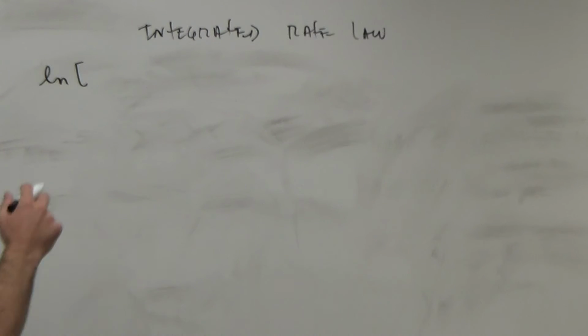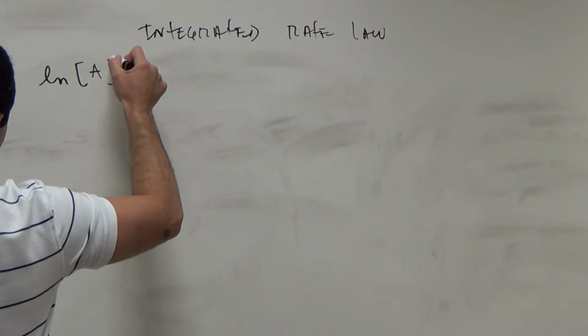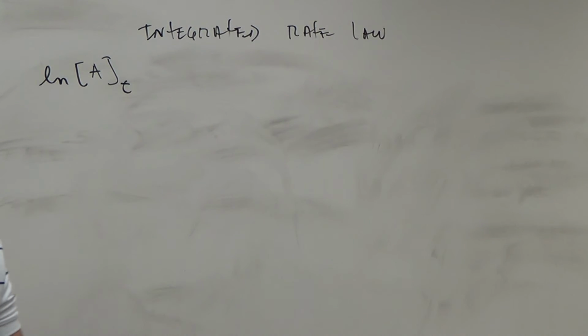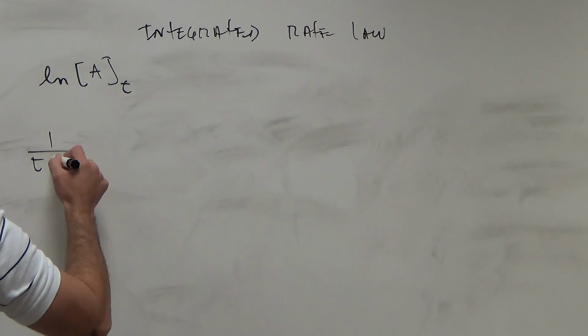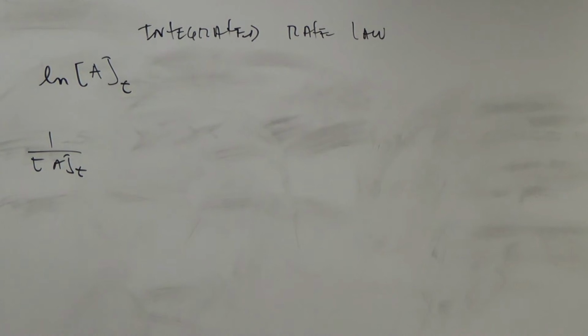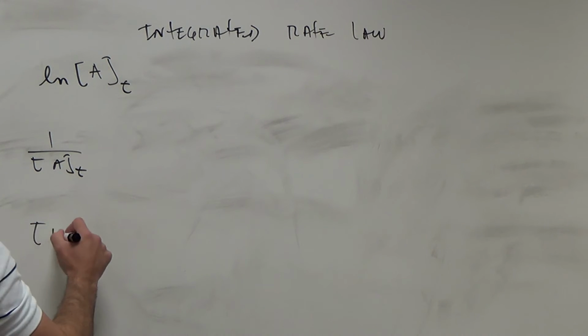Now this will be dln of A at time t. So it's called dln of At. They will all have At somewhere. The first one is just dln of At. Second one is going to have At, but it's going to be the reciprocal of At. So what is it? 1 over At. And the 0th order is just going to have At on the top.